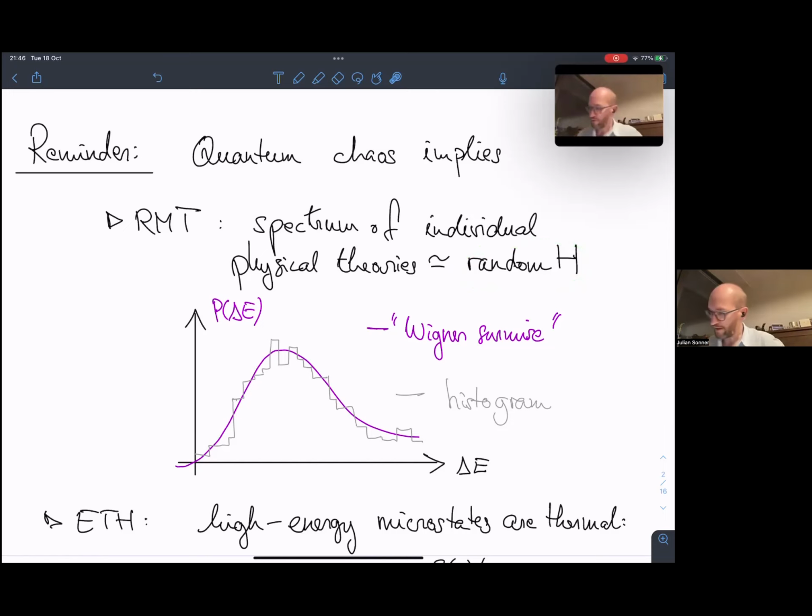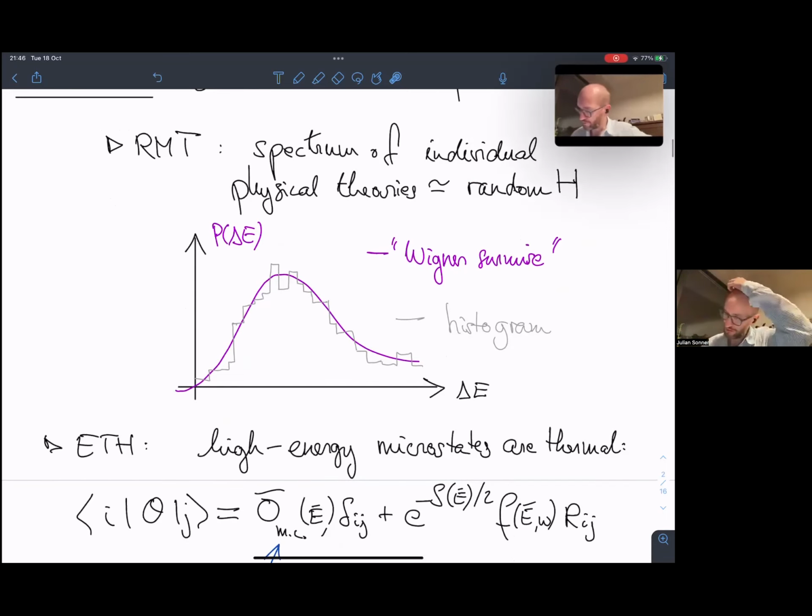One way to characterize this is to look at the frequency, through the spectrum, at which we find two adjacent energy levels at a particular distance. So I plot the distance from a level to its adjacent level, and I make a histogram. This is the gray thing here, as I go through the spectrum.